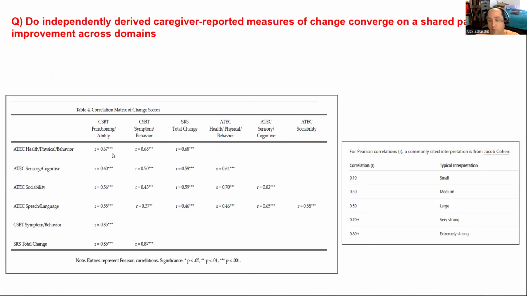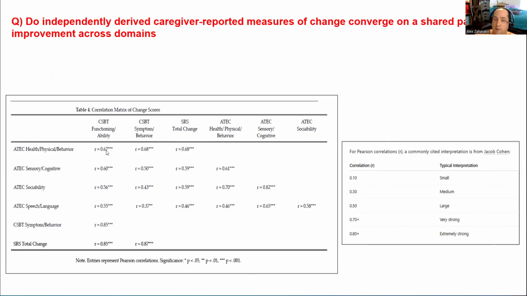The closer the R value is to 1, the stronger that correlative relationship, meaning that they're basically arriving at the same conclusions. So in our case, all of our R values are quite large. A typical interpretation is that anything over 0.5 is large, 0.7 plus is very strong.